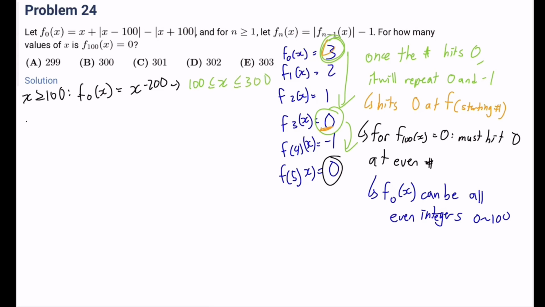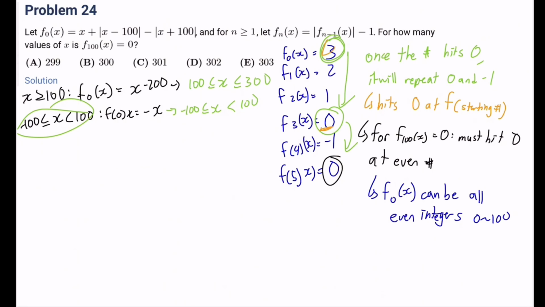And next, if x is greater than or equal to minus 100 but less than 100, then f0 of x is just going to be minus x. And so this is going to give us that x can be from minus 100 to 100, because minus x is just from 0 to 100.